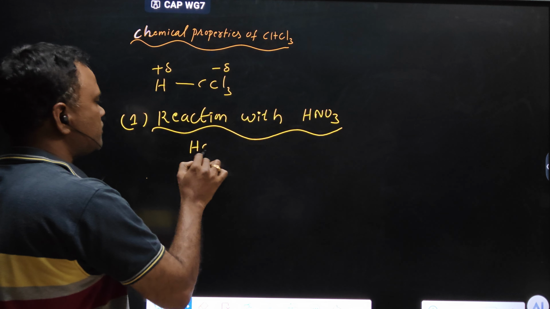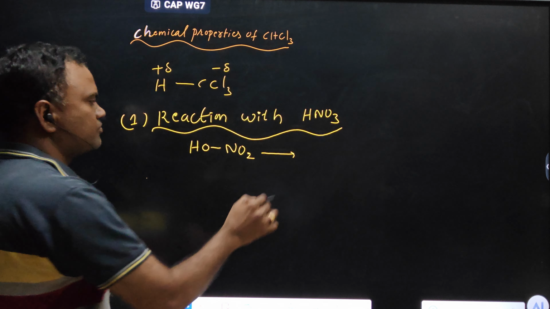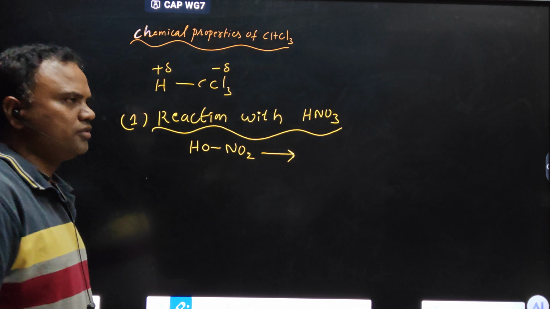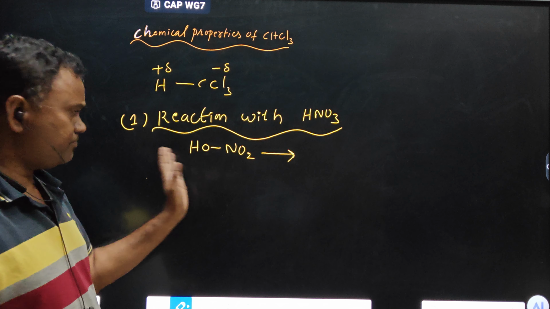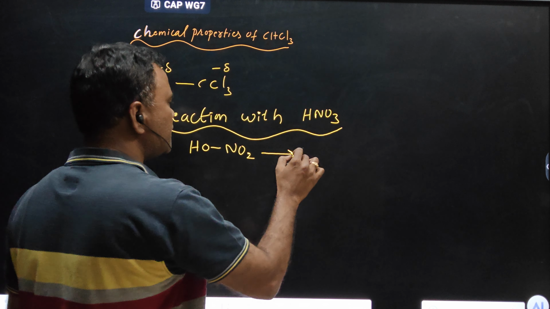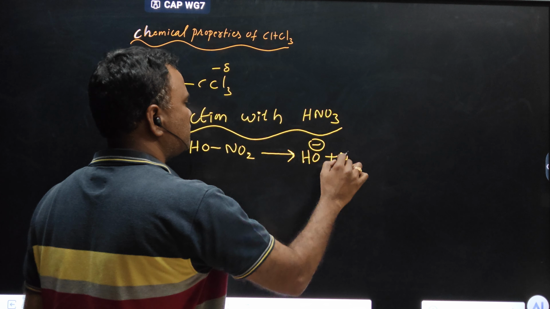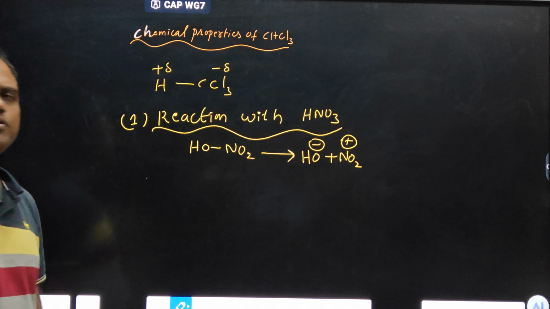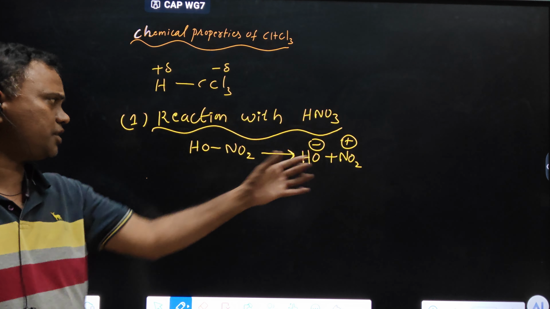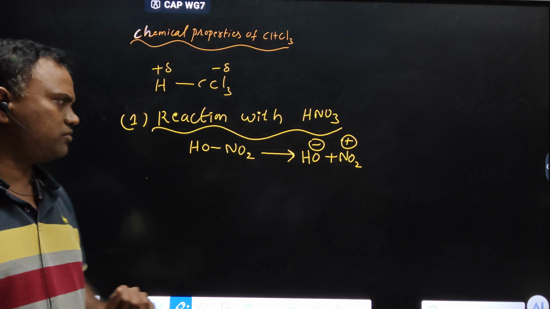Can I write HNO3 like this, as HO-NO2? Nitric acid can be dissociated as OH minus and NO2 plus. Clear? Right.